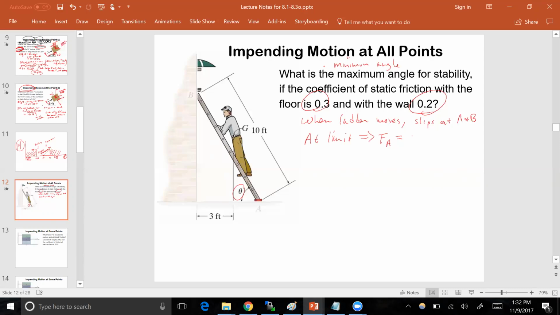Yep, 0.3 times the normal force at A, right? And FB is going to do the same thing. It's going to be 0.2 times the normal force at B.